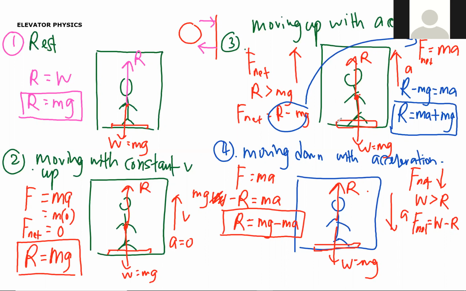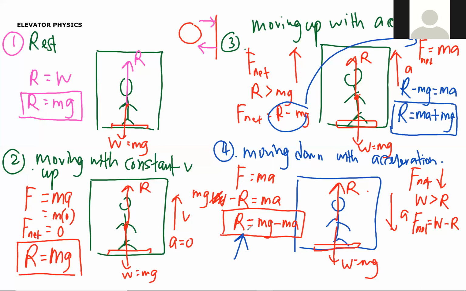I repeat, the reading on the weight balance is the R, not the weight. Meaning that if the question, take case 4 for example, has a person standing in a lift that accelerates downward, and the question asks what is the reading on the weight balance, then you have to calculate the R, not the weight. So you take this equation here, R equals to mg minus ma. That is the reading shown on the weighing machine.